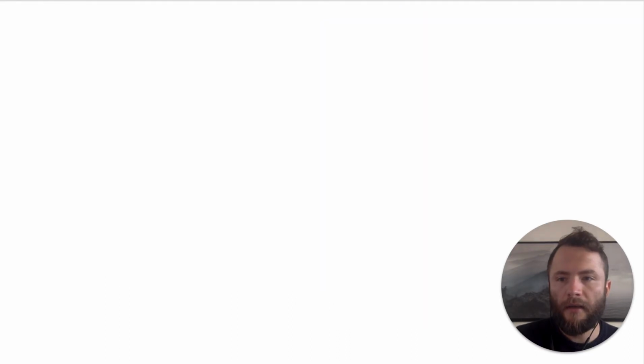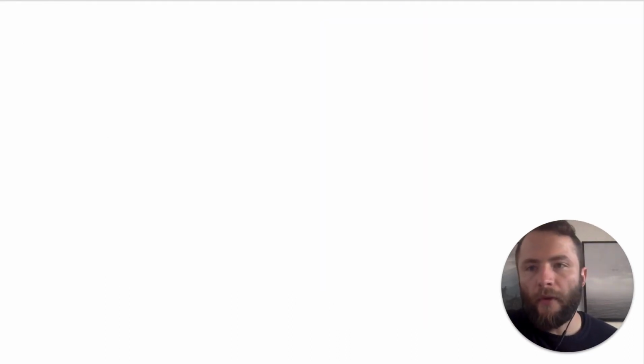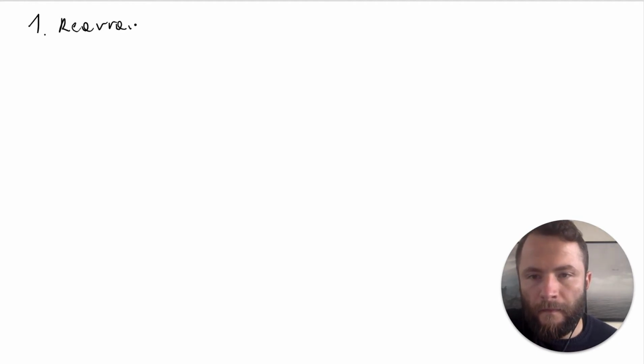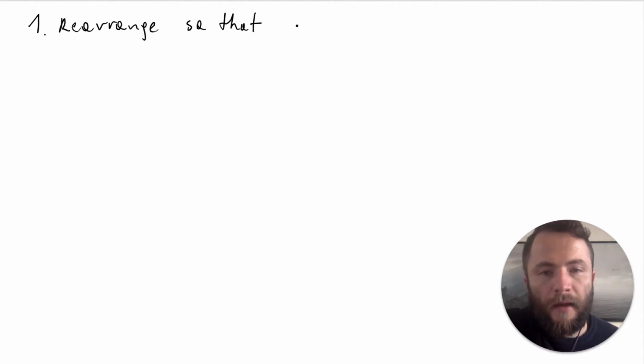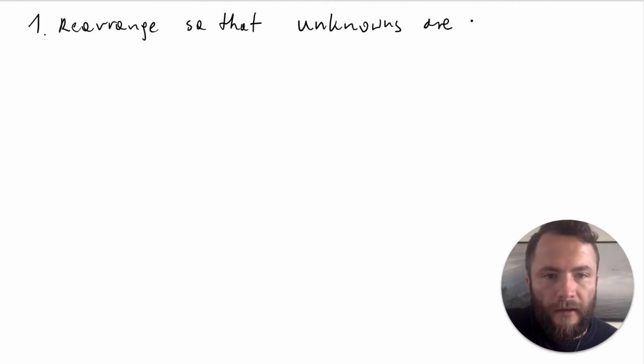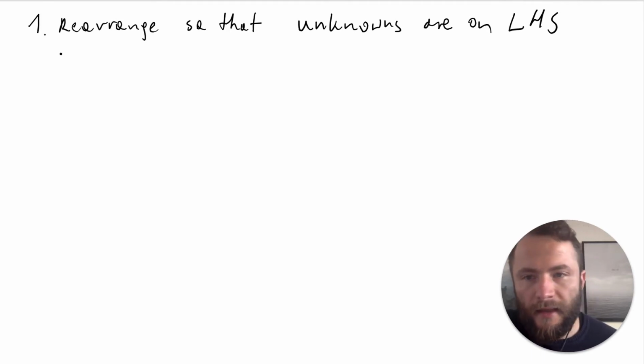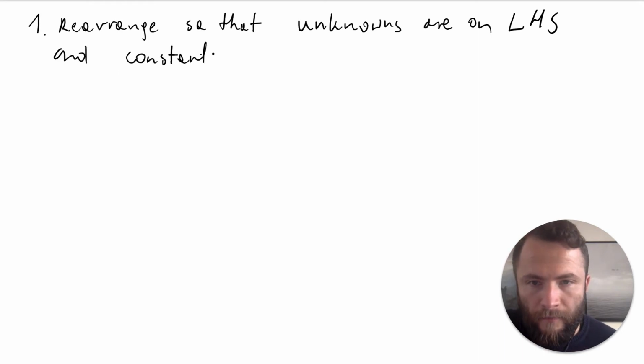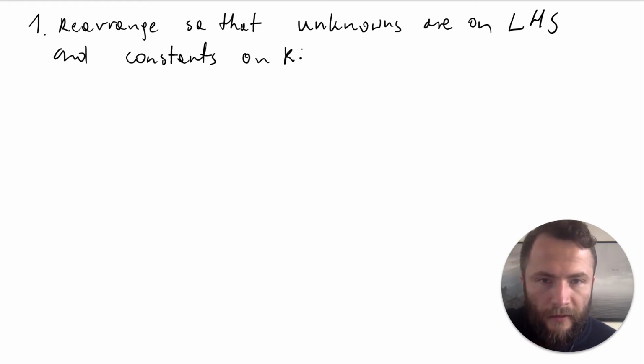Let's add another slide. I'd like you to take the following into account when you're solving those equations. The first thing is to rearrange the equations so that unknowns are on one hand side, let's say left hand side in this case, and constants on the right hand side.